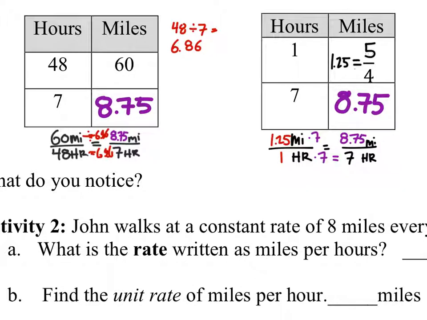Because what did we do? To get from 1 hour to 7 hours, we just had to multiply by 7. You could also multiply the fraction, 5/4 times 7, and get 35/4, which is 8.75. So it doesn't matter which way you look at it, but one way should hopefully seem a little bit easier.